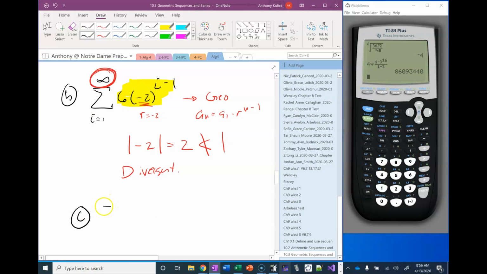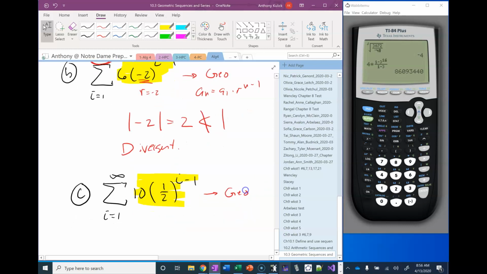Let's do another. Again, first thing I'm going to do is look at the sequence involved. Again, this is geometric for the same reasons that we've seen before. It's infinite geometric, so immediately I have to check for my r.